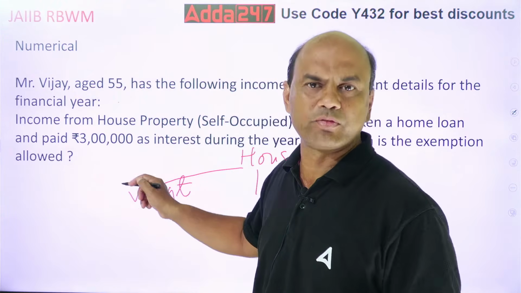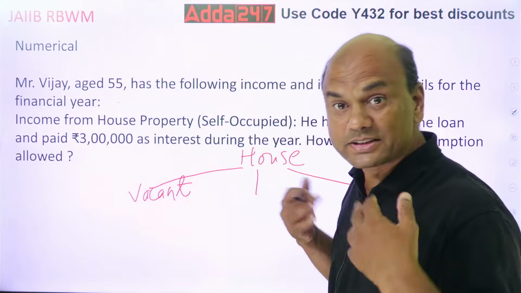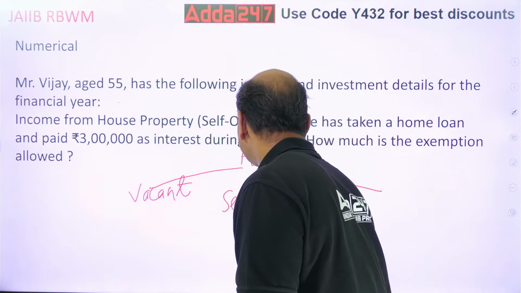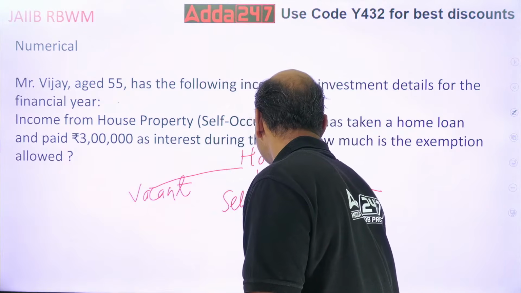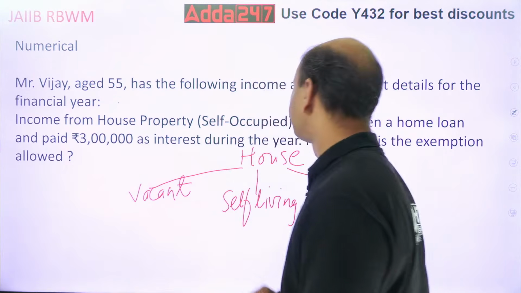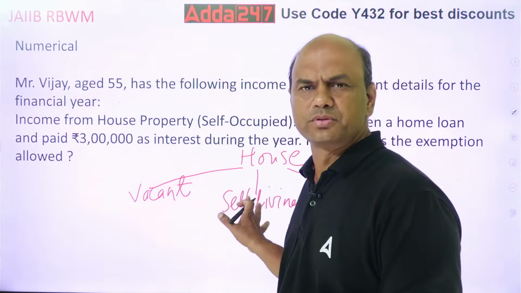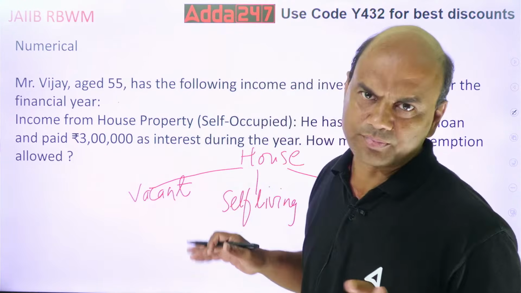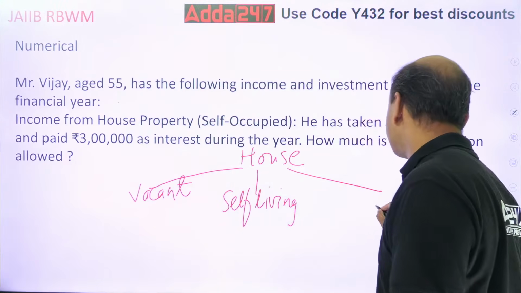Number 1, I can keep it vacant. Number 2, I can myself live there, self-living. Number 3, I've given it on rent.